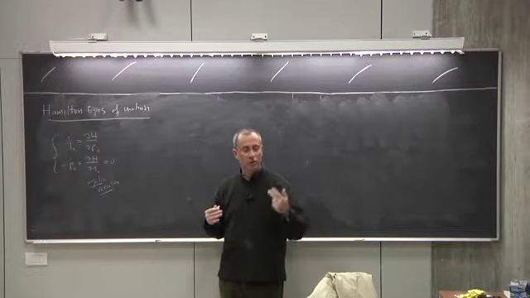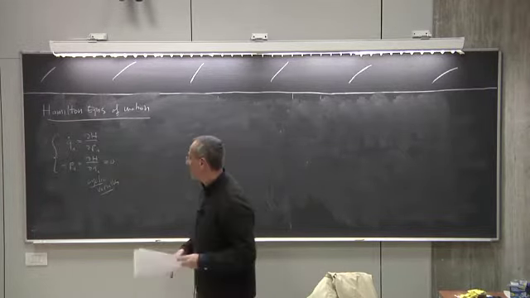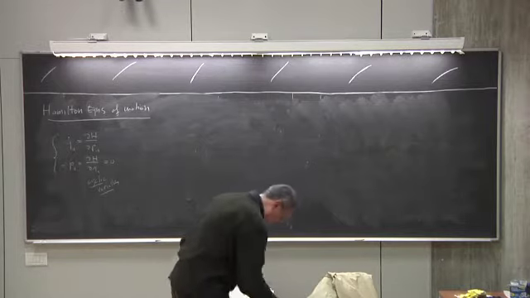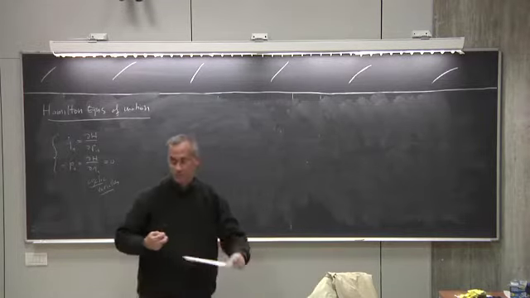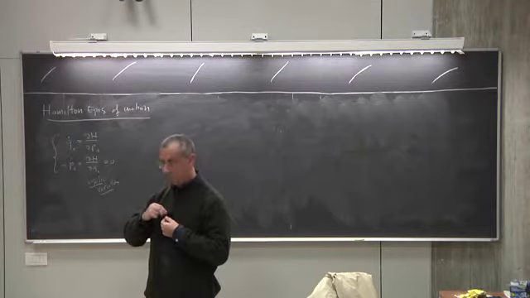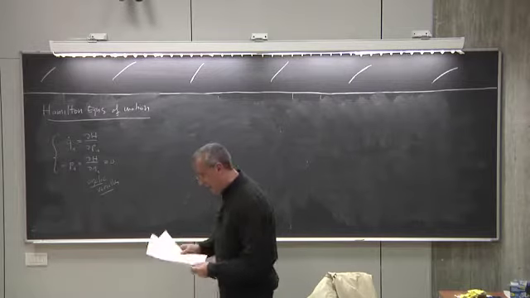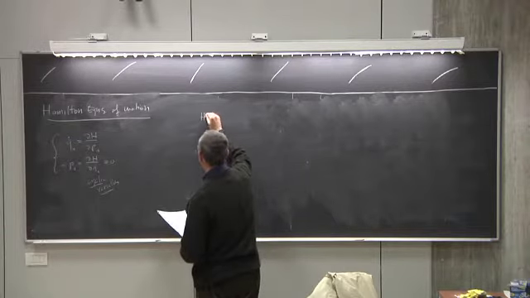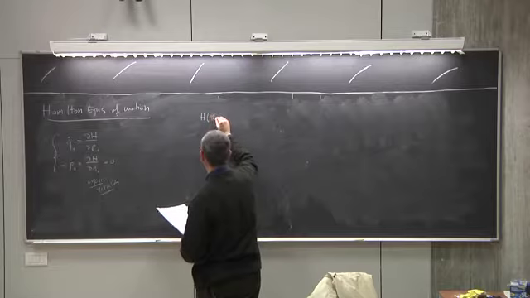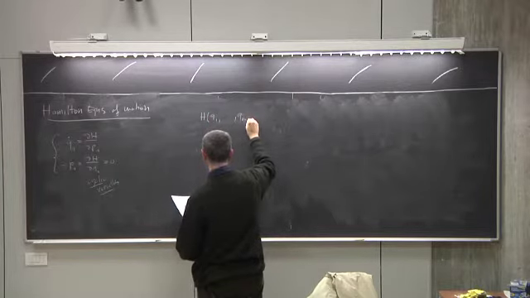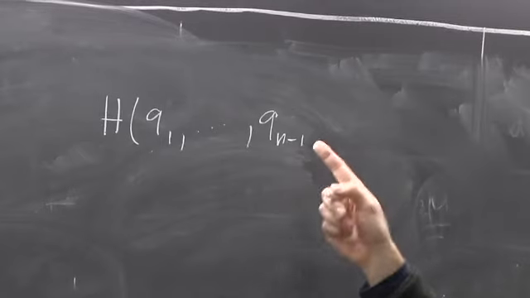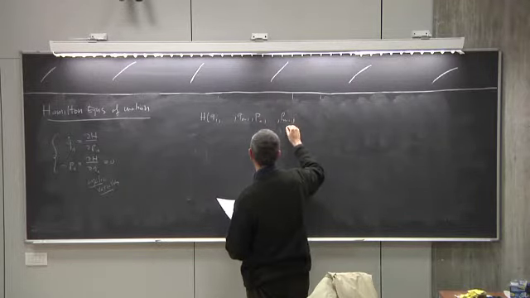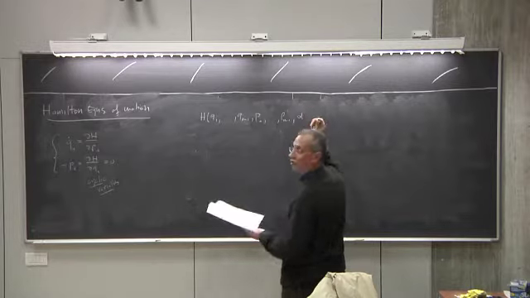So you get a sort of double benefit in this case, because if you start with a Hamiltonian, and it's a function, say, of q1 through q n minus 1, and not qn, because qn happens to be cyclic, then you also have p1 through p n minus 1, and then instead of having pn, you just have a constant that I call alpha.